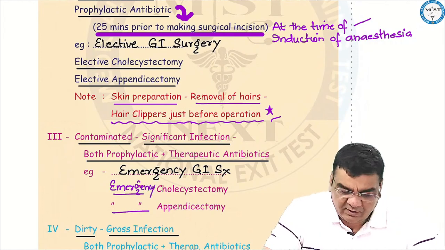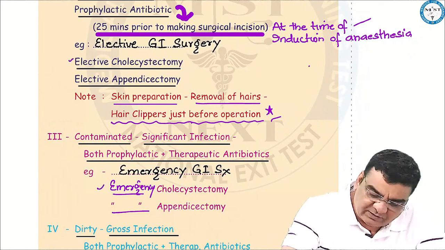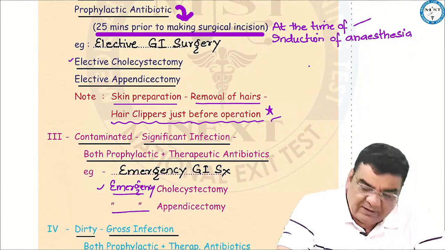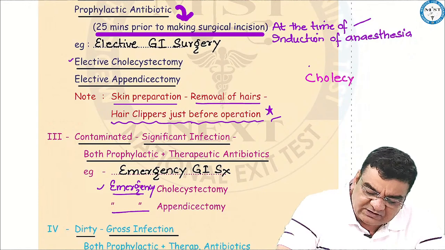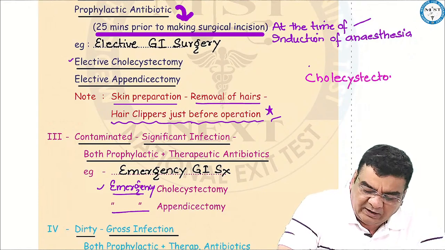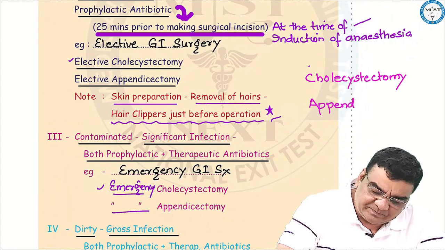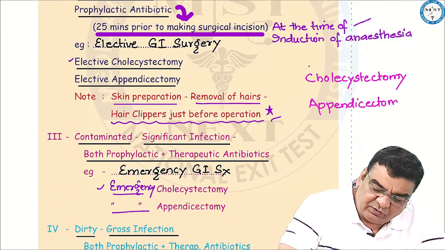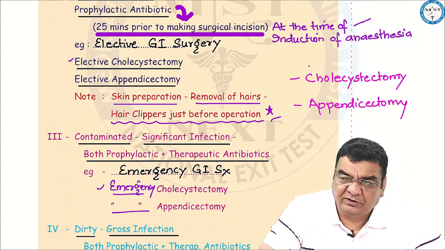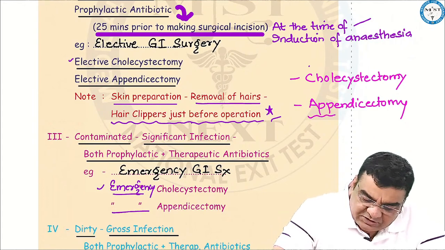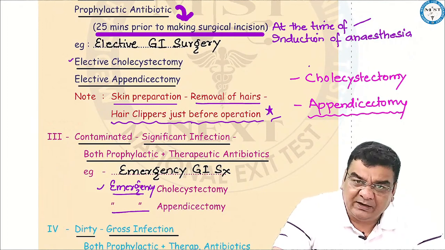Right, beta? Now, suppose the examiner does not mention the word elective or emergency. Suppose the examiner simply mentions cholecystectomy, no elective or emergency word is used. Suppose the examiner writes appendicectomy, and asks you which category this belongs to. So in general, beta, we should know that the most common surgery done in emergency by general surgeons is appendicectomy.